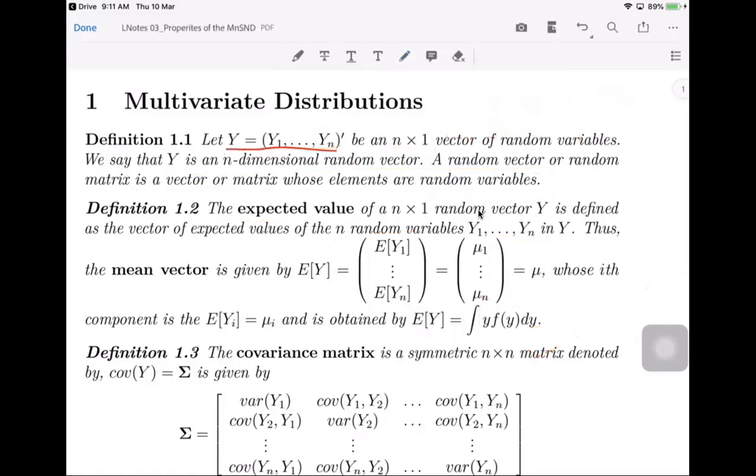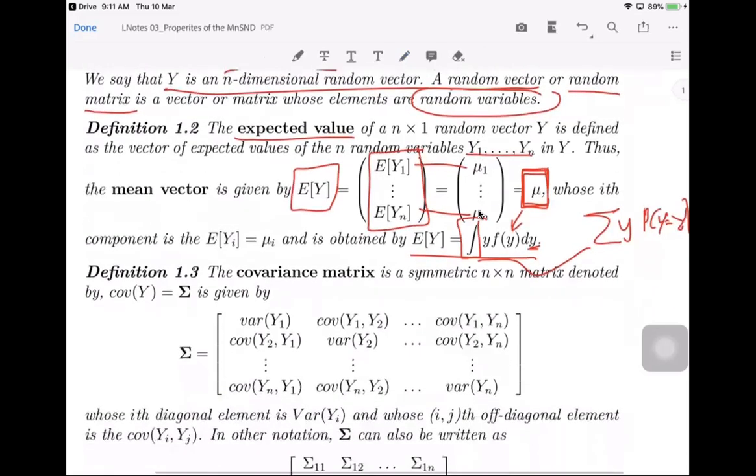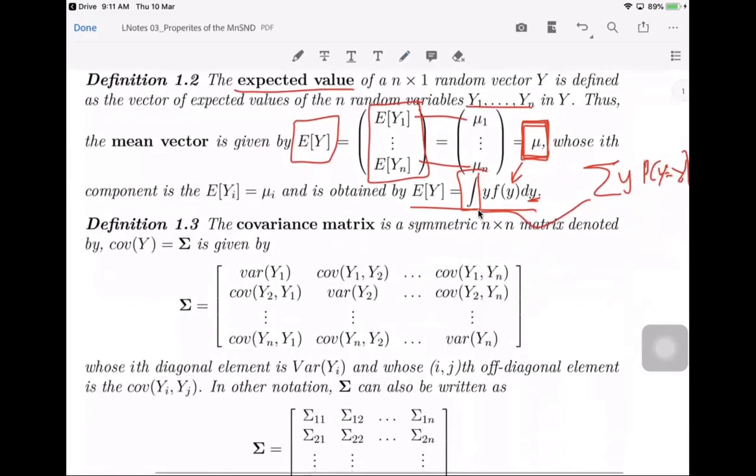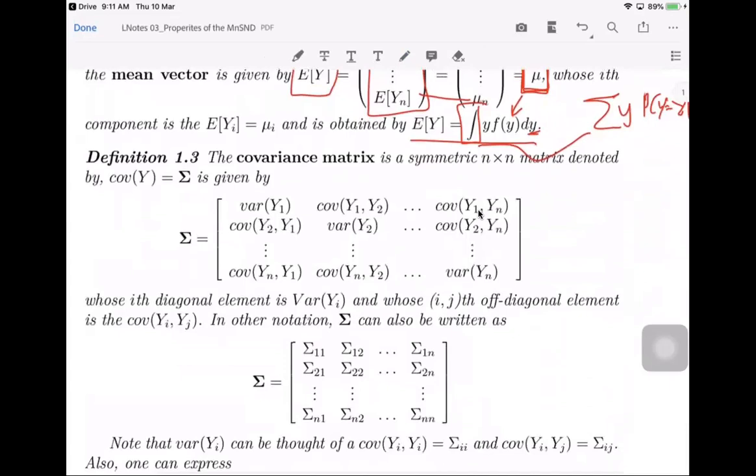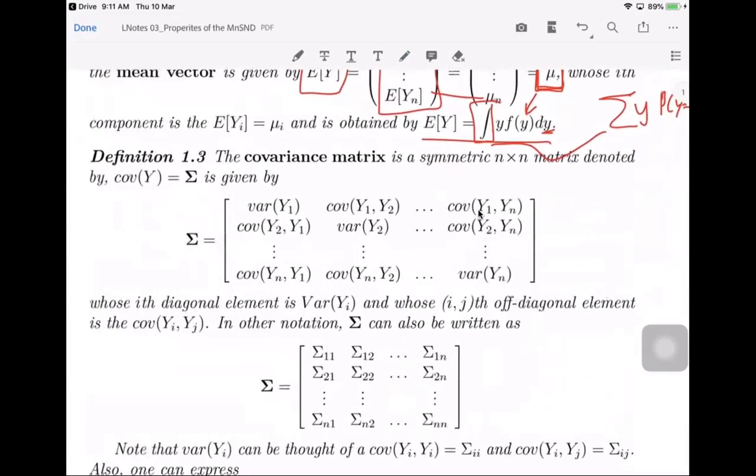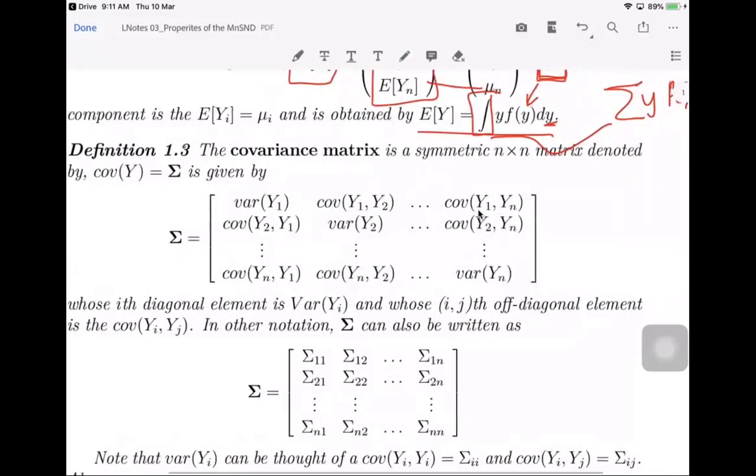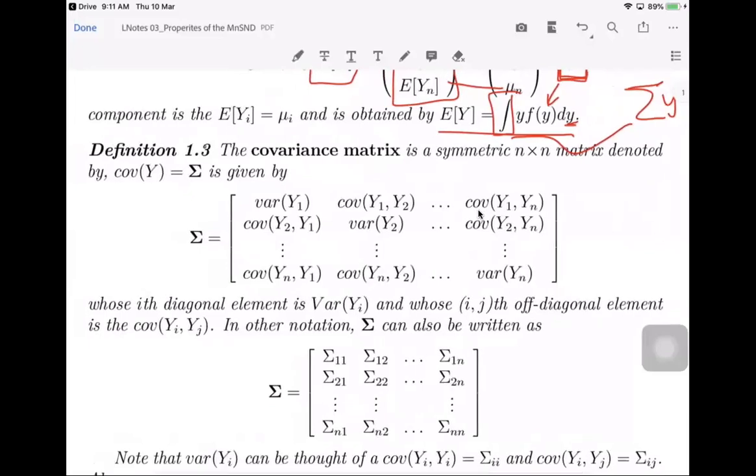The next concept that we learn is the covariance matrix. This is a symmetric and square matrix. A symmetric matrix is a matrix where its transpose is equal to itself.